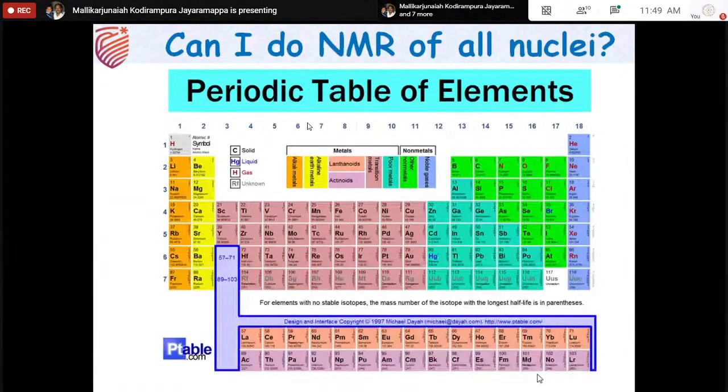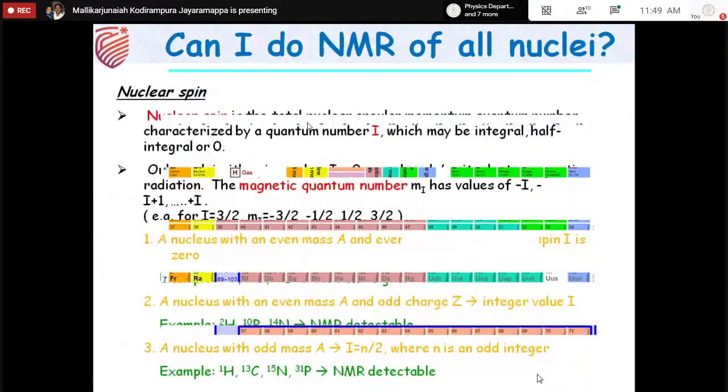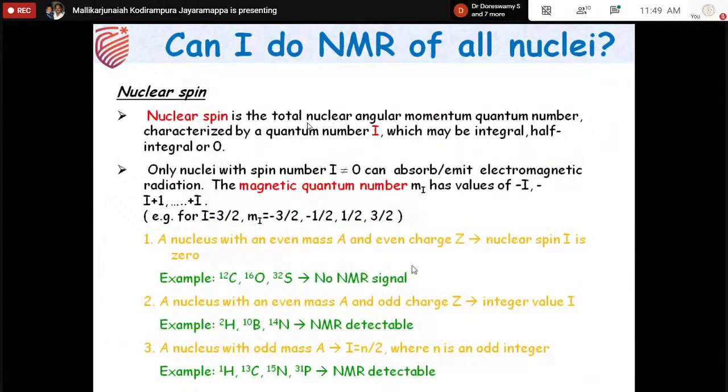To answer our previous question, can I do NMR of all nuclei? It appears that yes, we can, because all these atoms have protons and neutrons, but unfortunately no, because it depends on the nuclear spin. The nuclear spin is the total nuclear angular momentum quantum number, characterized by I. For certain nuclei, this spin quantum number I will be 0.